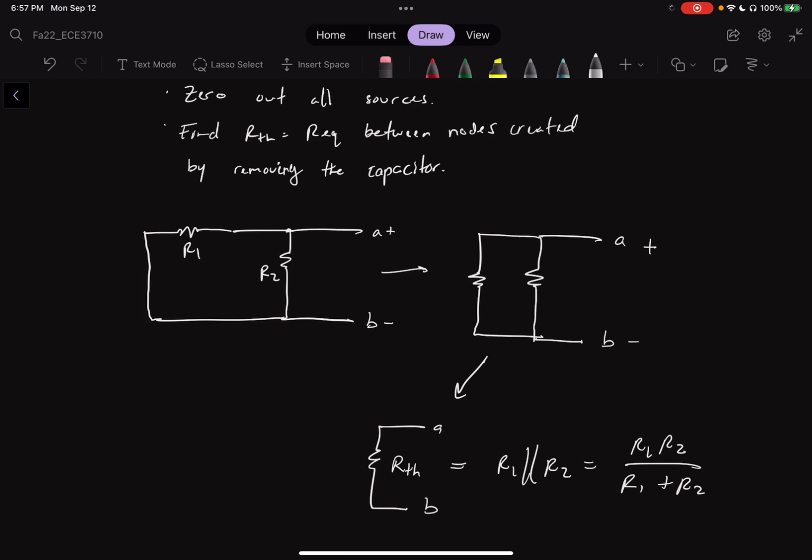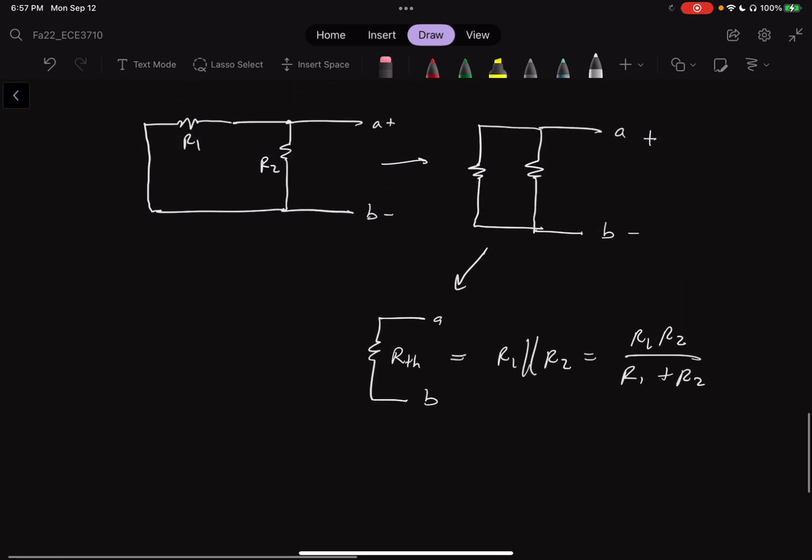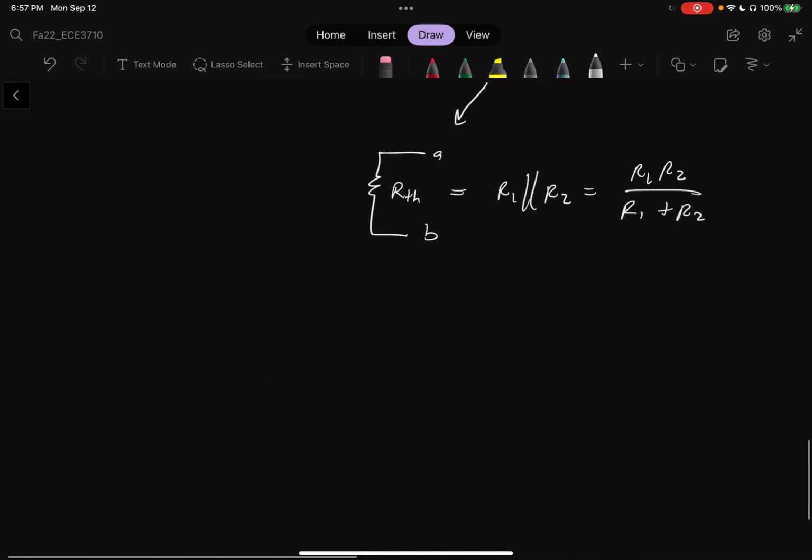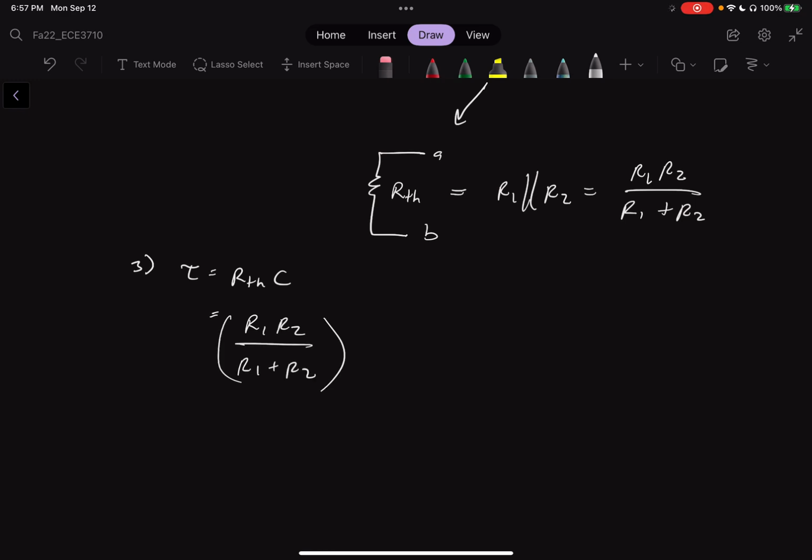That's our R Thevenin, but we're looking for tau. So this was the second step. The third step is tau is equal to R Thevenin times C, which is R1 times R2 divided by R1 plus R2 times C. That is tau.